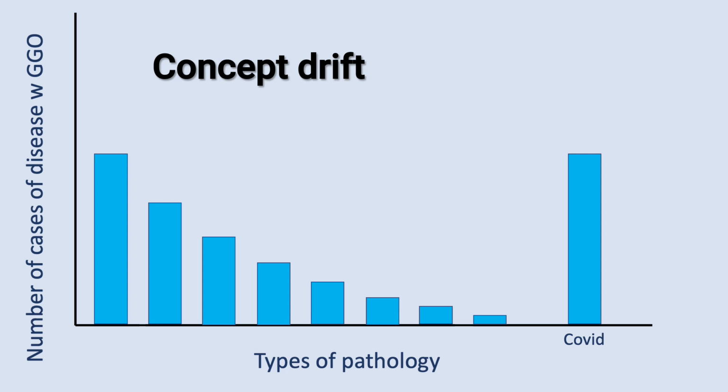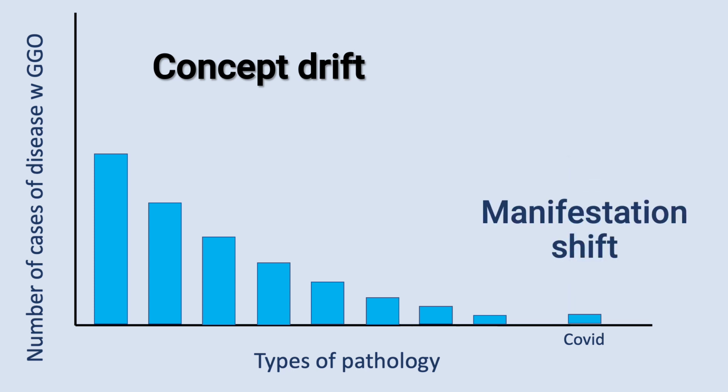Now, what happened with COVID is that though we initially saw lots of people with ground glass opacity, now because COVID has changed itself, most of the patients showing up with COVID don't have ground glass opacities. So, boom, that goes back down. That's called manifestation shift, where the manifestation of the disease changes. COVID's still around, but it's not associated with ground glass opacity as much.